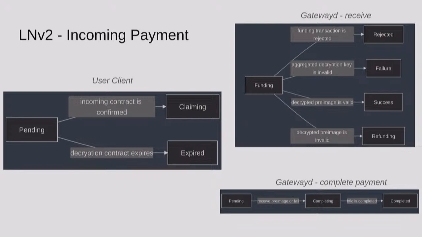So, can you do static analysis to determine if you're missing state machine paths or possible steps? Well, static analysis on this would be a bit difficult, but for Lightning V2 we have done this by hand.